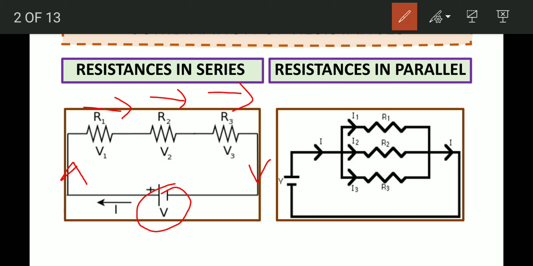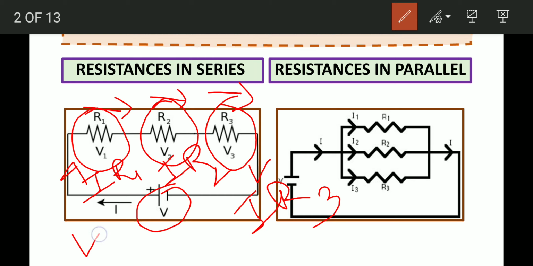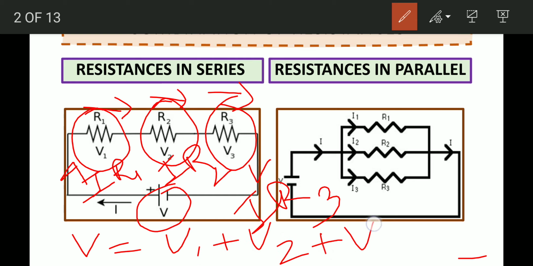Now, when we apply Ohm's law, we will find that the voltage V1 which is set up across R1, V2 which is set up across R2 and V3 which is set up across R3 can be found by using Ohm's law. V1 will be equal to IR1, V2 will be equal to IR2 and V3 will be equal to IR3 and the overall voltage will be equal to V1 plus V2 plus V3.